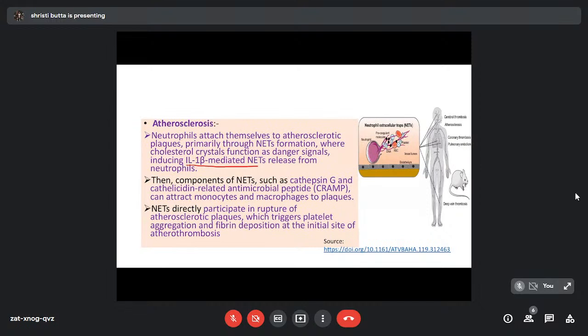And what is the function of this NET then? This NET produces cathepsin G and cathelicidin related antimicrobial peptide or CRAMP, which can attract more macrophages and monocytes to the plaques. NETs can directly participate in the rupture of the atherosclerotic plaque, which triggers platelet aggregation and fibrin deposition at the site of atherothrombosis.